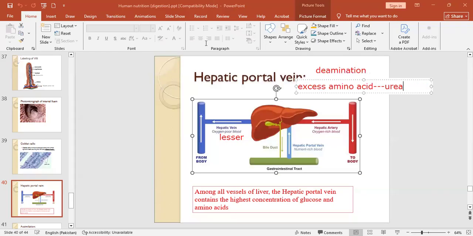Have you heard about urea before? No. Urea is a waste product. Oh, okay. And urea actually makes the urine. Oh, yes. Right? So urea makes the urine.